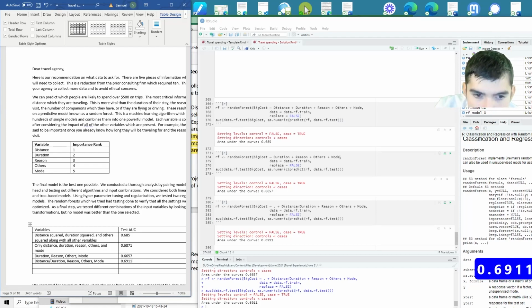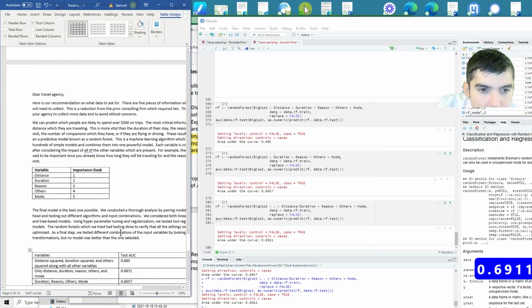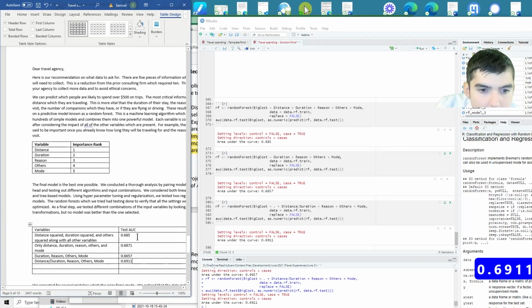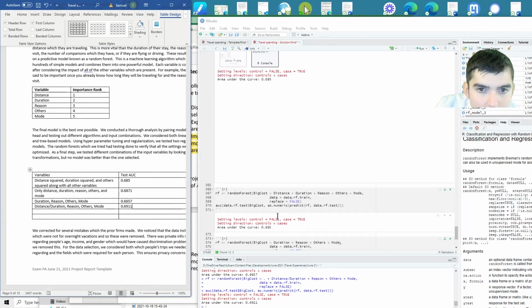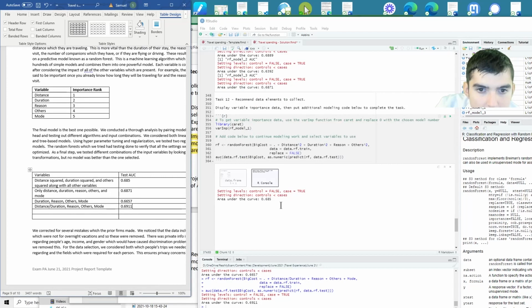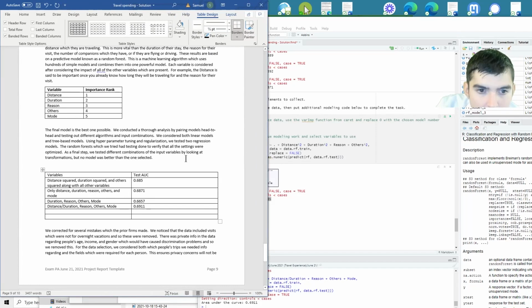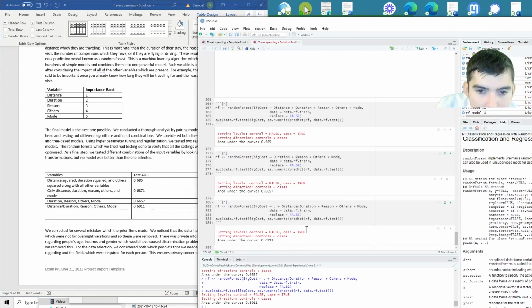That's interesting, this one actually has the best AUC. Remember this one was 0.685. That's actually not true. This one is 0.6911.